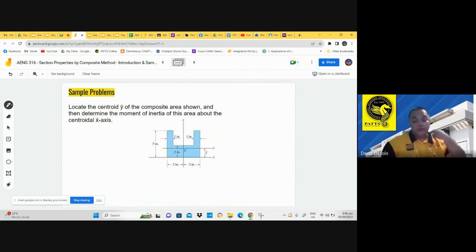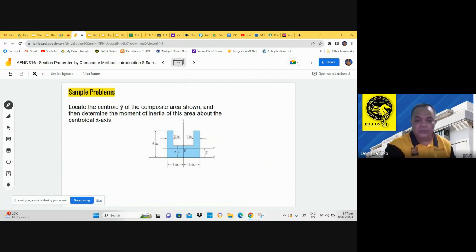Of course, you need to strategize what division of triangle or rectangle you can use. There are four ways, actually five, but let's concentrate first on four ways on how you intend to divide the whole cross section.